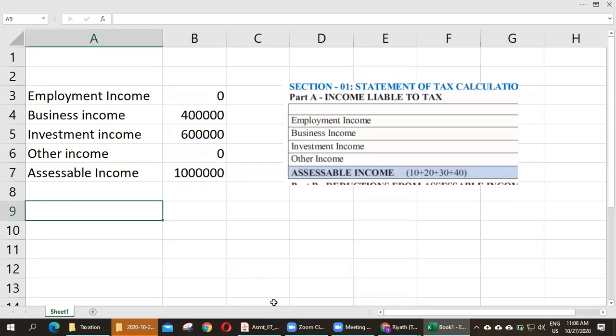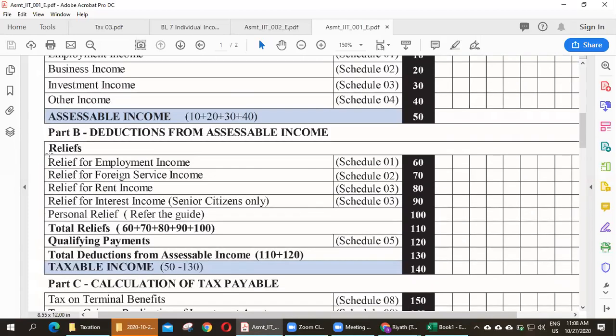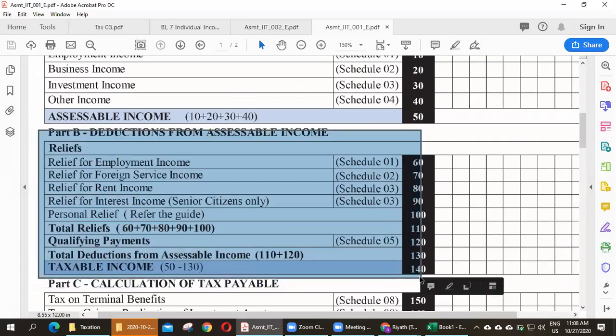Now we can deduct something. What? We can deduct reliefs.